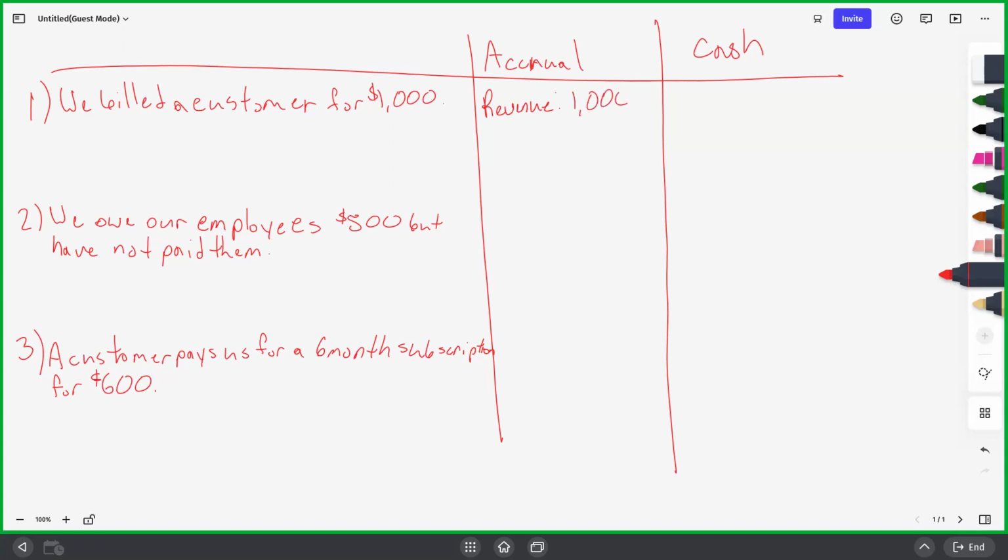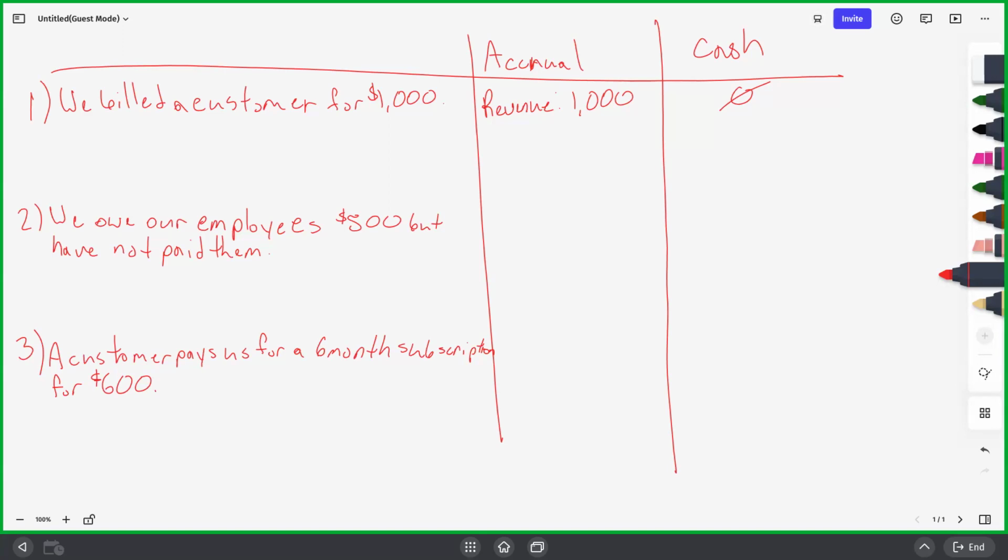How much do we recognize with cash? 0. Because you only keep track when you actually get the money. And the thing is, one of these is not GAAP approved. Which one is it? Cash. GAAP wants us to accrue over time.